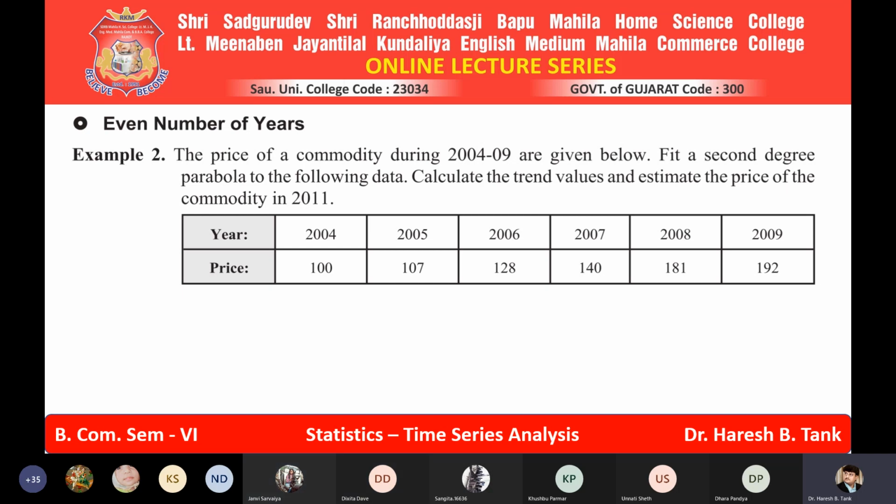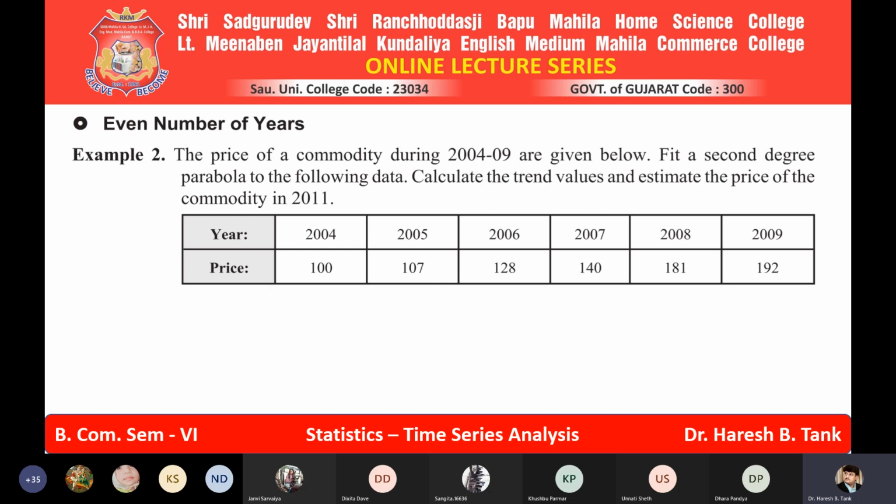Yes, then sir, let us proceed further. The data set is given to you, of the years 2004 to 2009 and the price of a certain commodity. The thing which we require is to fit a second degree parabola. Second degree parabola means an equation should have the highest power as 2. So that equation is y is equal to a plus bx plus cx squared.